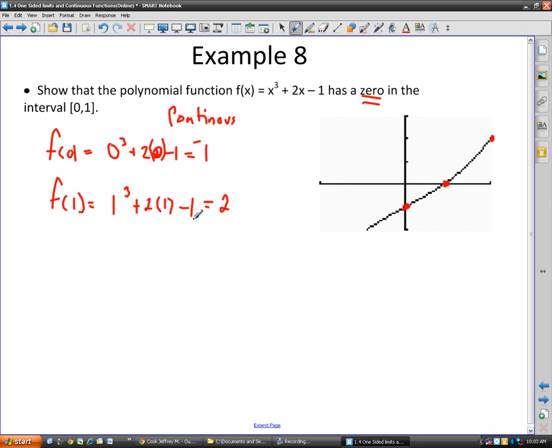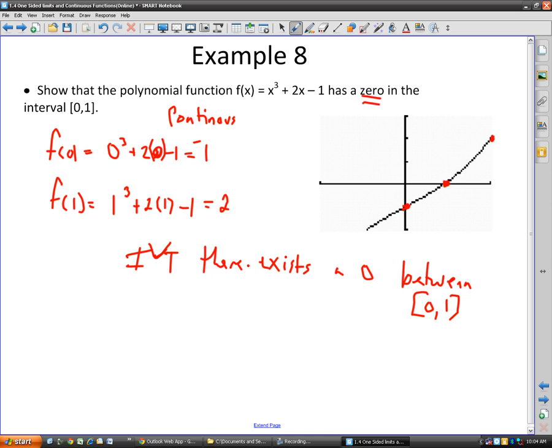By the intermediate value theorem, there exists a 0 between 0 and 1 for my x's. So there must be a place where y is equal to 0 between 0 and 1.